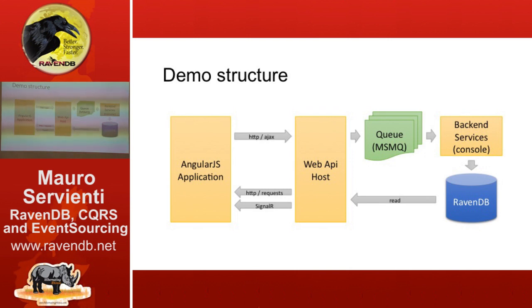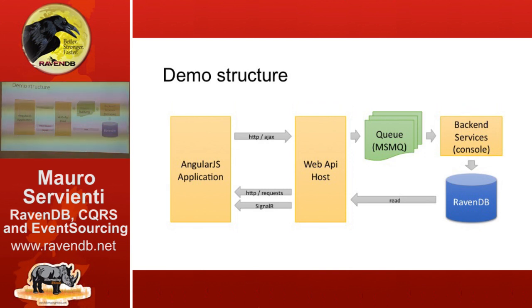And the demo is based on MSMQ basically because it's the easiest way to install on your machine if you have nothing. Instead of telling you, OK, you have to download Rabbit, install Rabbit, run it as a service, it's much easier to set up MSMQ, and it just works.